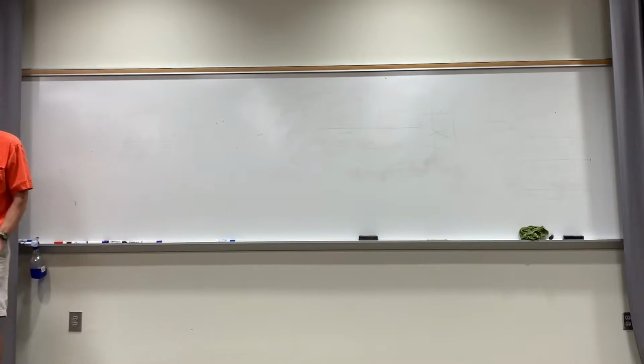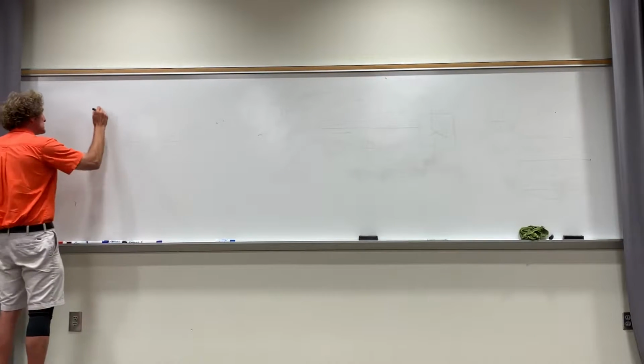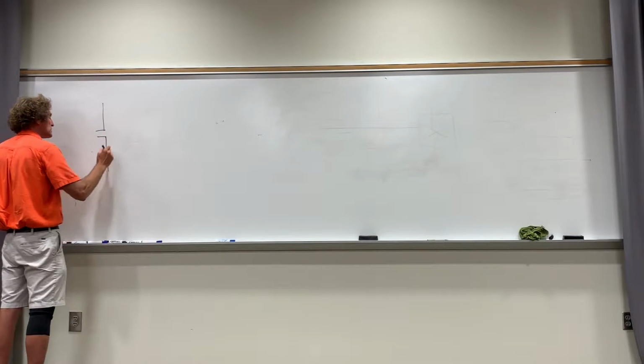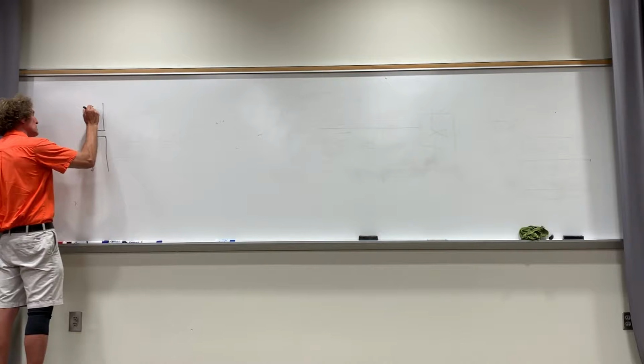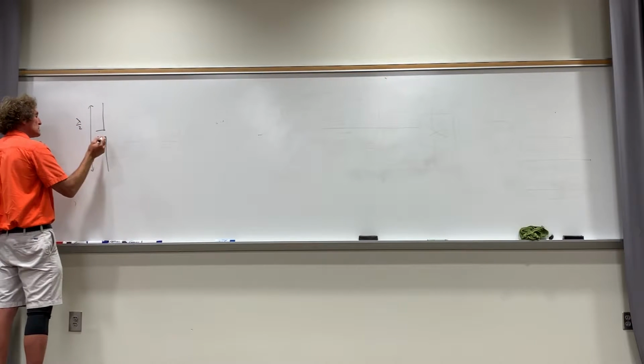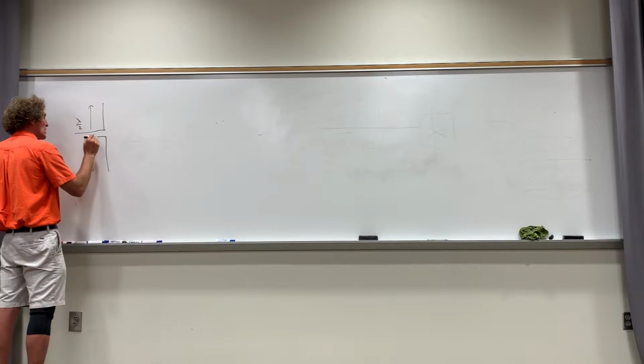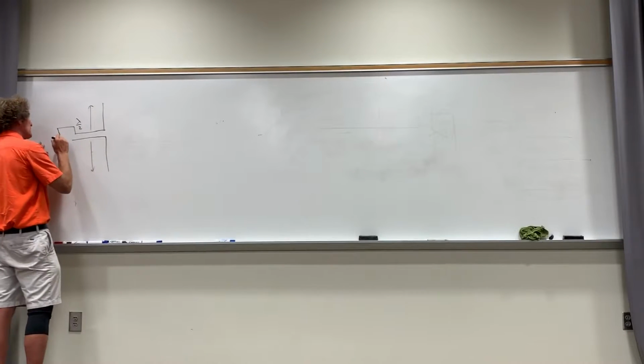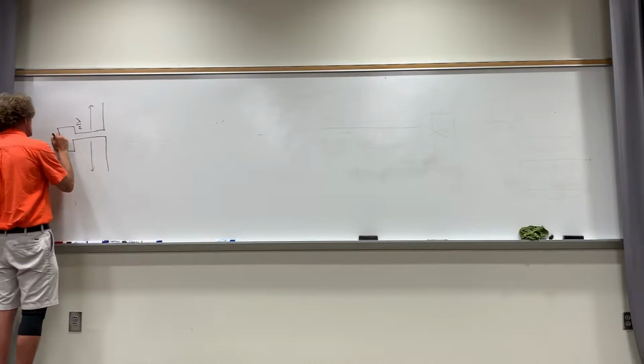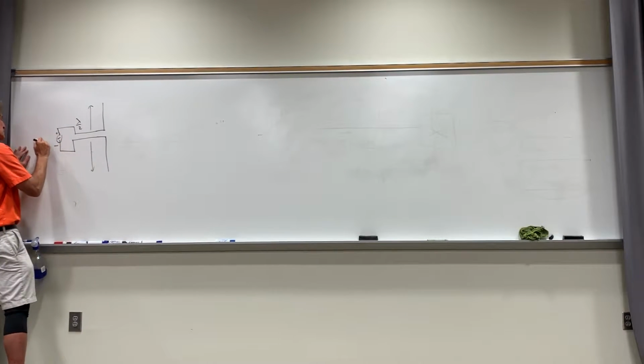The lossless half-wave dipole will be driven by a 10-volt peak, 50 ohm source. Determine the electric field intensity at a distance of 10 kilometers in a plane perpendicular to the antenna. All right, wait a second. This is driven by what now? A 10-volt peak, 50 ohm source.